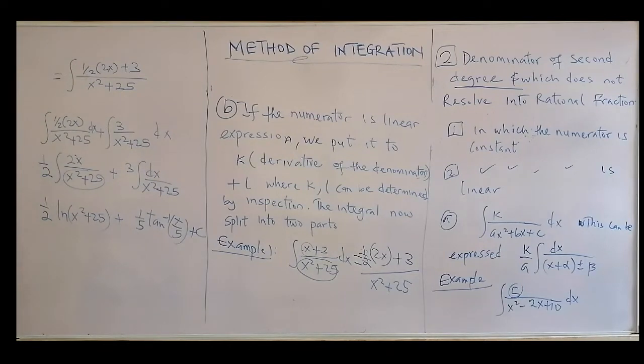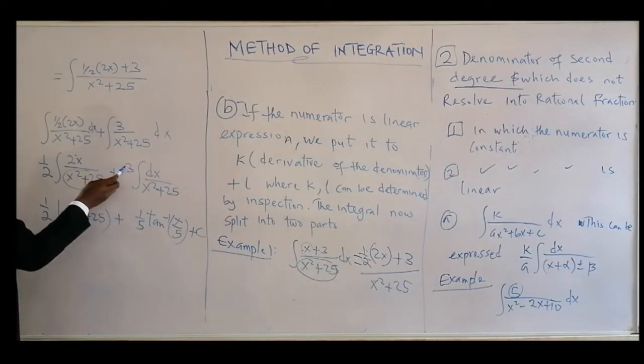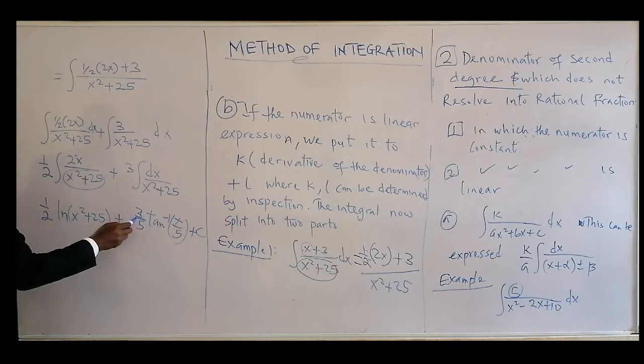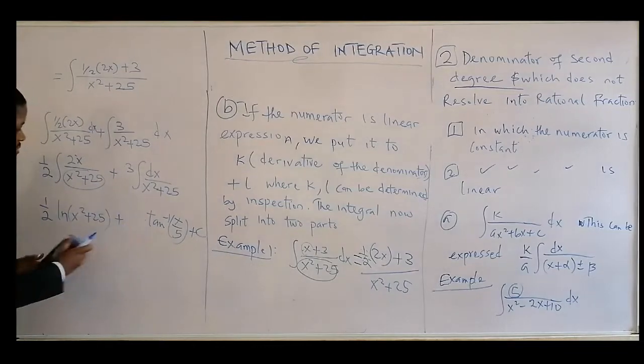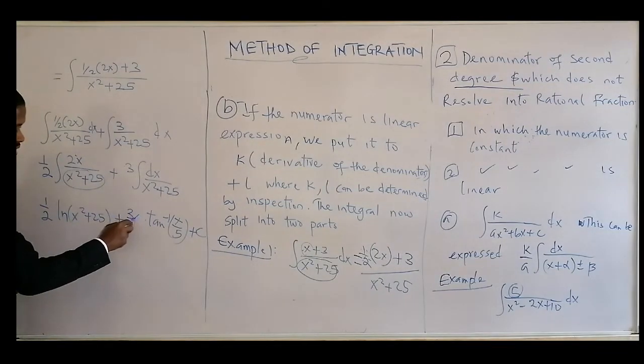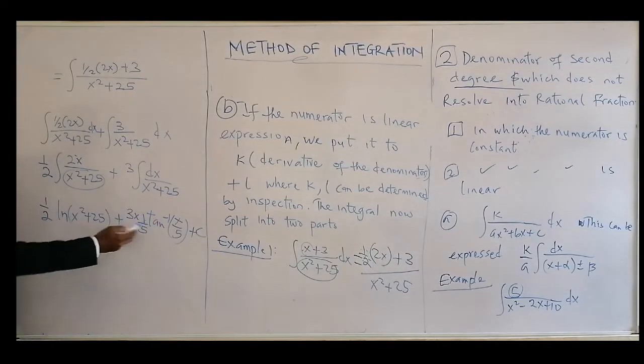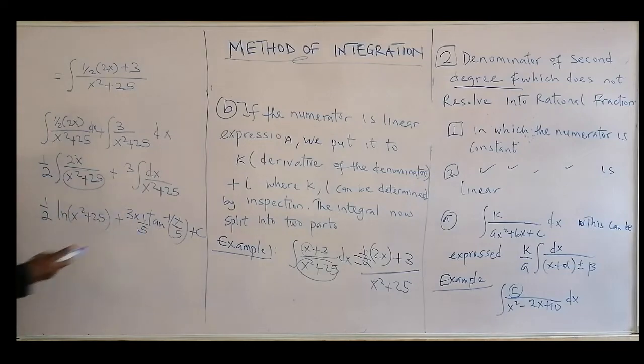We have 3 here already, and then you are dividing by 1 over a. So a is 5, and that will give you 3 over 5.